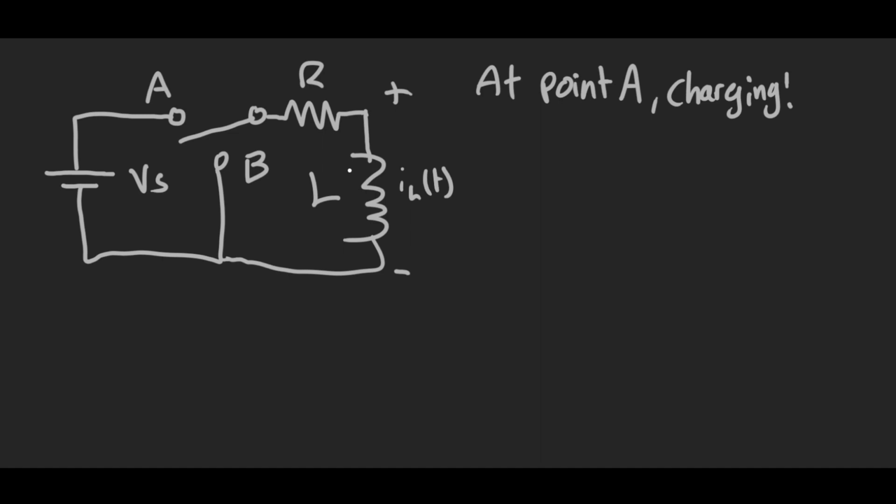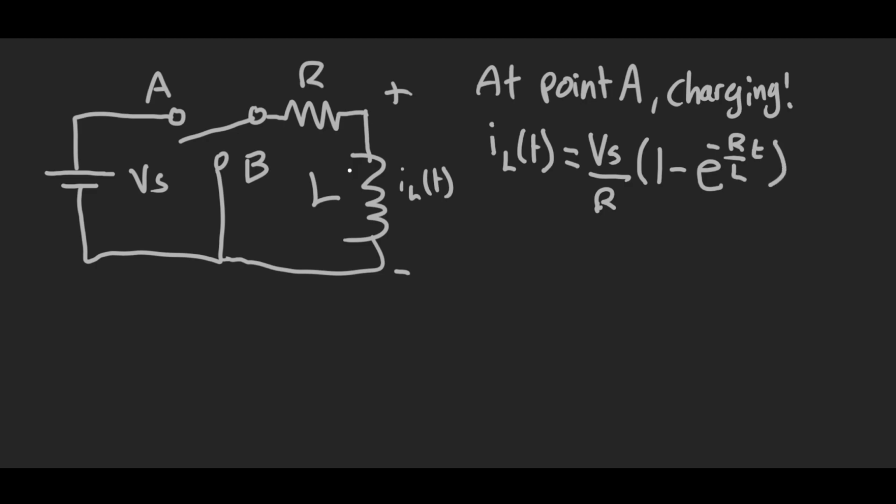So, let's consider the current. The current across the inductor as it charges is modeled by this equation. IL of t equals voltage source divided by resistance, that's Ohm's law, multiplied by the bracket of 1 minus e to the power of minus R divided by L multiplied by t, and close the bracket.